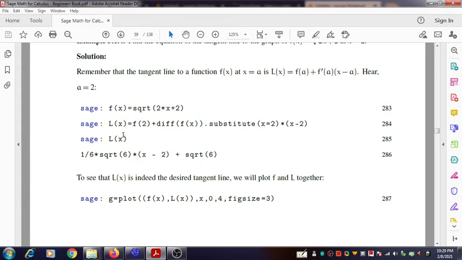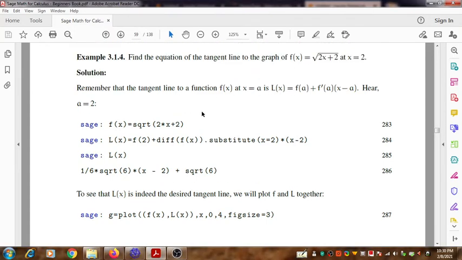But here, instead of y, a different name is used to represent that equation of the straight line. In this problem, it will be called capital L of x.